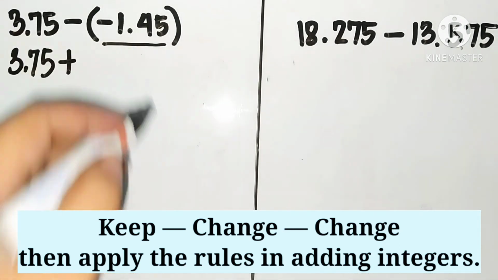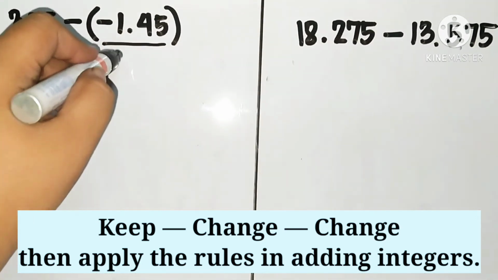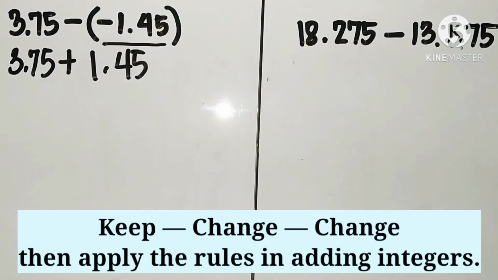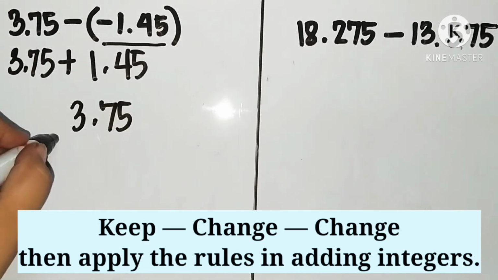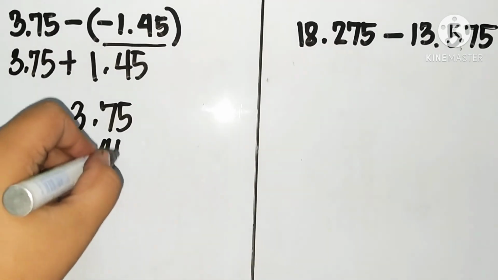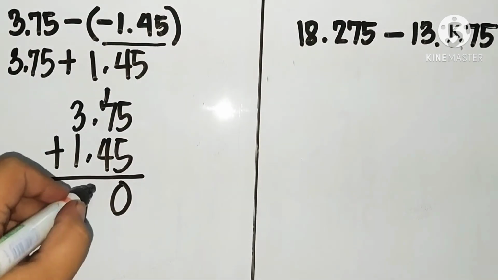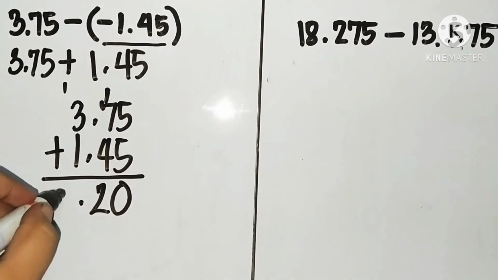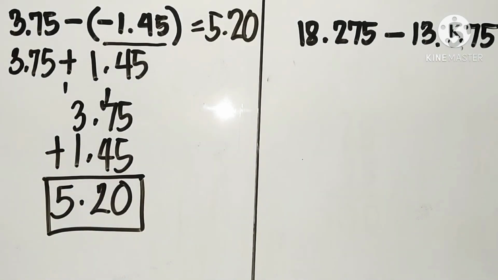So, from negative 1 and 45 hundredths, magiging positive 1 and 45 hundredths. This time, instead of subtracting, magiging addition na. 3 and 75 hundredths plus 1 and 45 hundredths. 10, 12, and 5. So, the final answer is 5 and 20 hundredths. Tandaan nyo kahit decimal yan, kailangan nyo pa rin i-follow yung rules in subtracting integers.